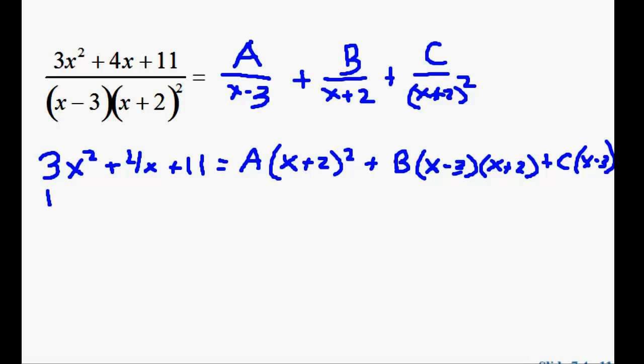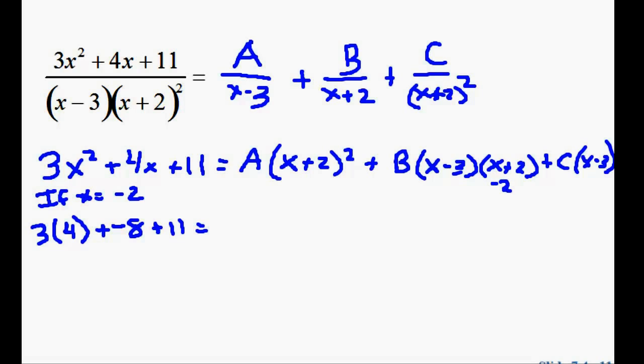Let's start with saying that if x equals negative 2, then we would have 3 times negative 2 squared, which is 4, plus 4 times negative 2, which is negative 8, plus 11 is equal to a times negative 2 plus 2 squared, which is 0, so the a disappears, plus, in this case, the b will also disappear, or be multiplied by 0, and we're left with c times negative 2 minus 3.